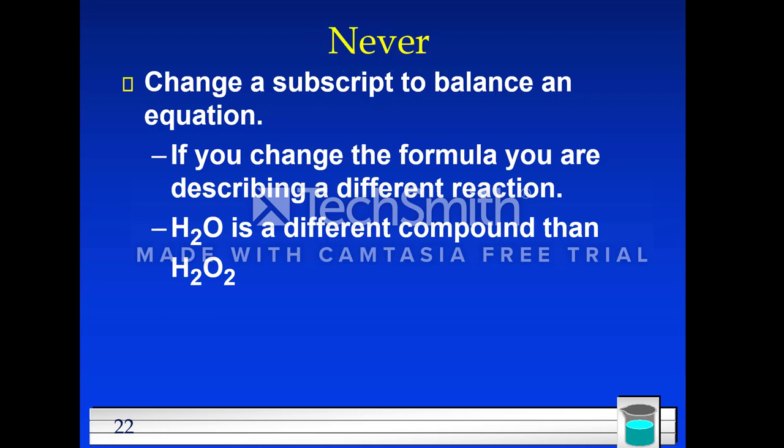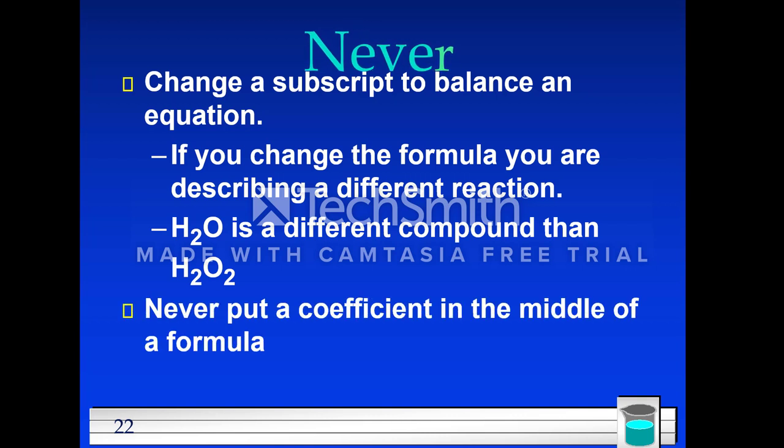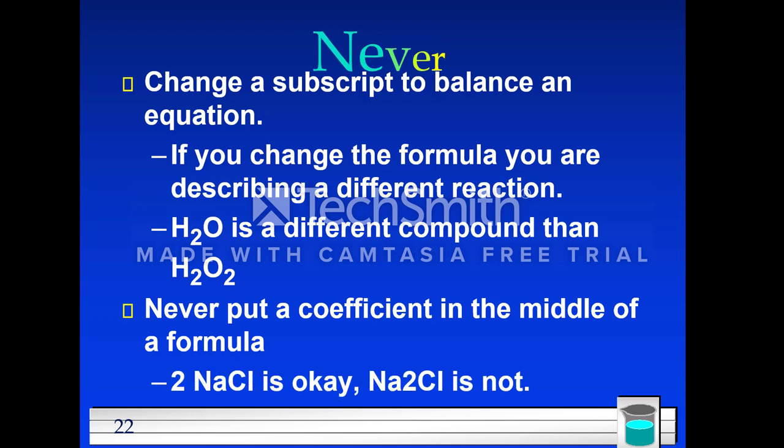You know, I thought that was all I had to say. But then I found people who were doing something I never thought of, so I've got to talk about it now. They said, oh, I can't write a little number underneath? Well, I'll just write it big in the middle. Somebody would put the 2 in the middle of NaCl.